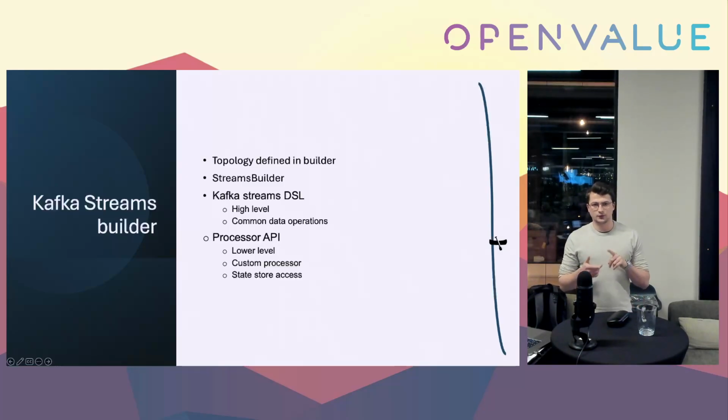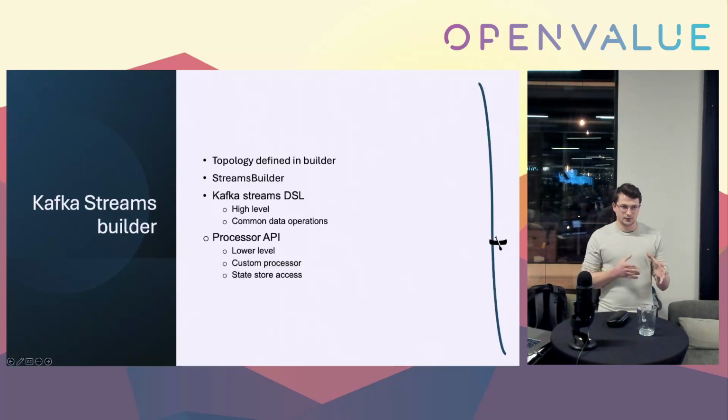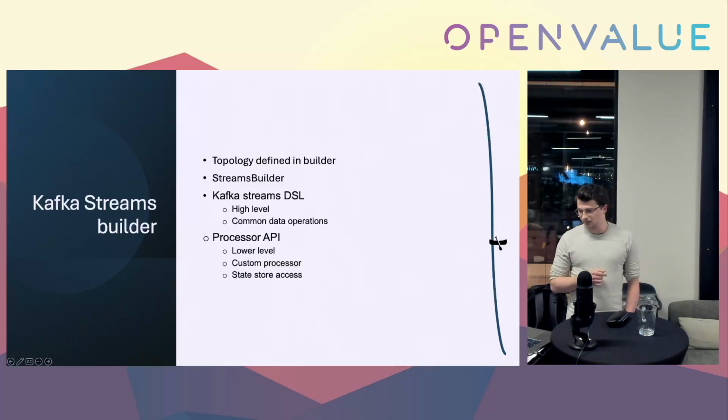Those are your filter, your map, those kind of things. And if you want to go lower, because the DSL doesn't provide what you need, then you can write your own custom processors, and you can also have state store access. So there you can do something that was not built in that DSL for you.